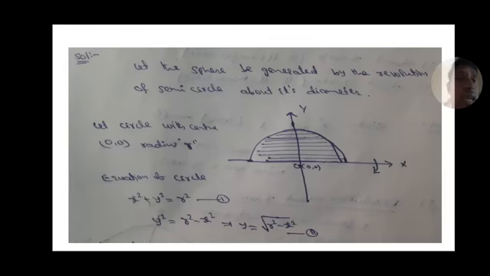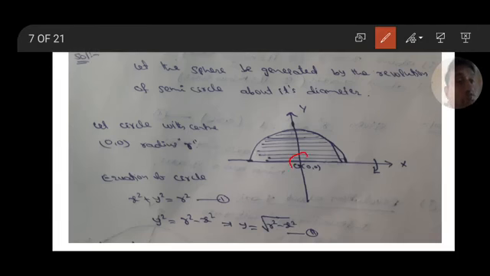How do we find the volume of the sphere? The sphere is formed by revolution of the semicircle about its diameter. I am taking the center as (0, 0) and the radius as r. So this semicircle is revolving about the x-axis and we get a sphere.